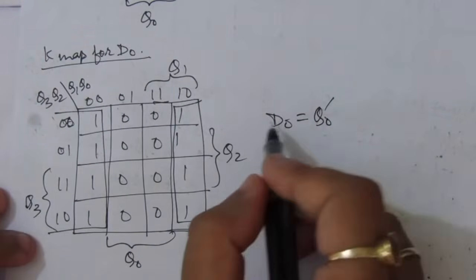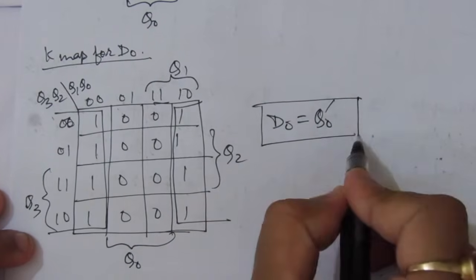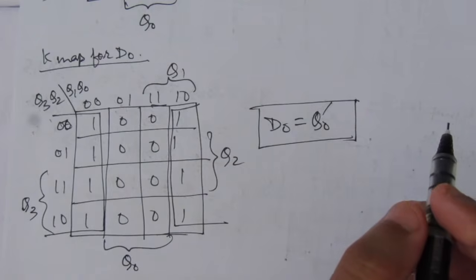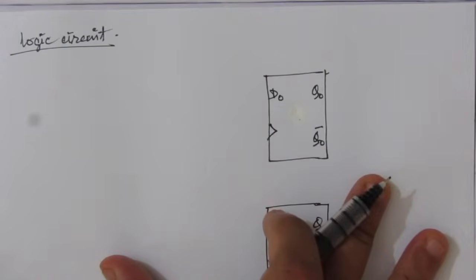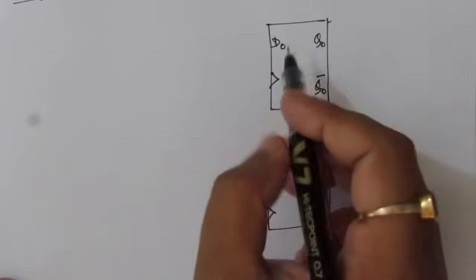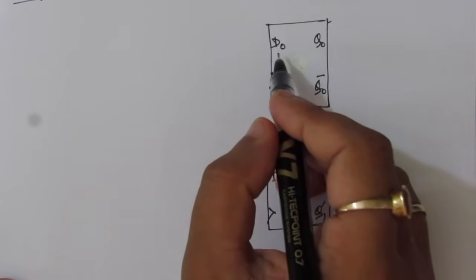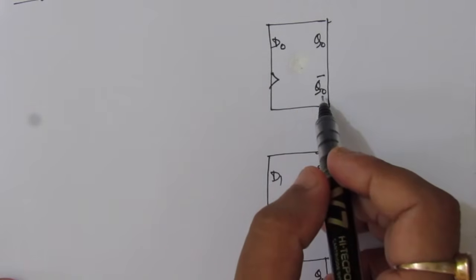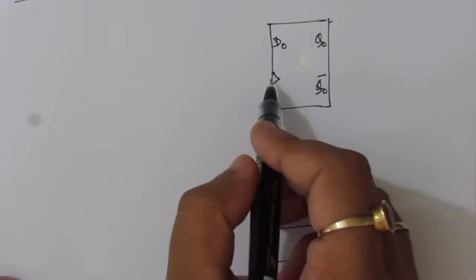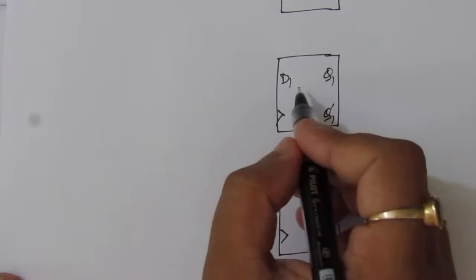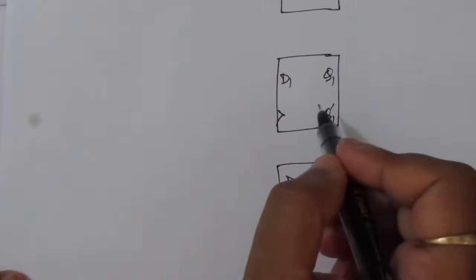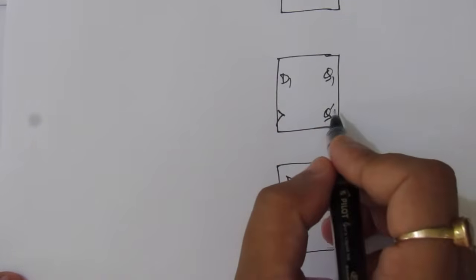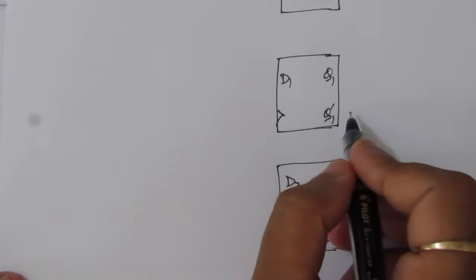Now we have got the expressions for d3, d2, d1 and d0. From that we have to now make the circuit design. The logic circuit will have 4 D flip-flops. Here we have drawn the first flip-flop, that is D0 is the input, Q0 is the output, this is the complemented output, and here we have the clock input. Then we have the next D flip-flop with D1 as input, Q1 output, and Q1 complement as the inverted output.